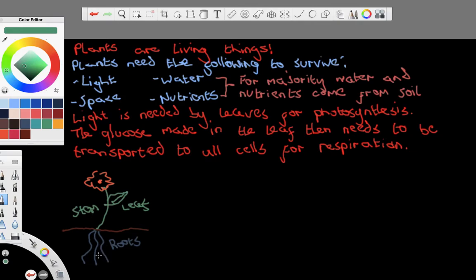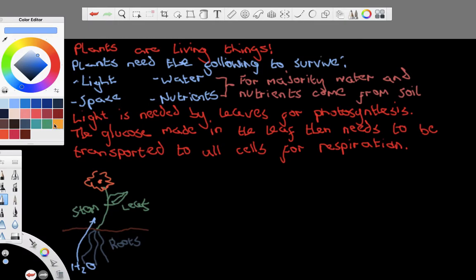The water and the nutrients collected by the roots need to be transported up the plant. So water is being transported this way. Okay? So H2O or water is going from the roots up the plant.